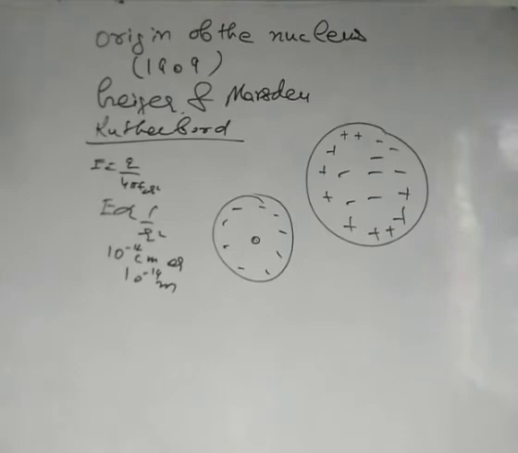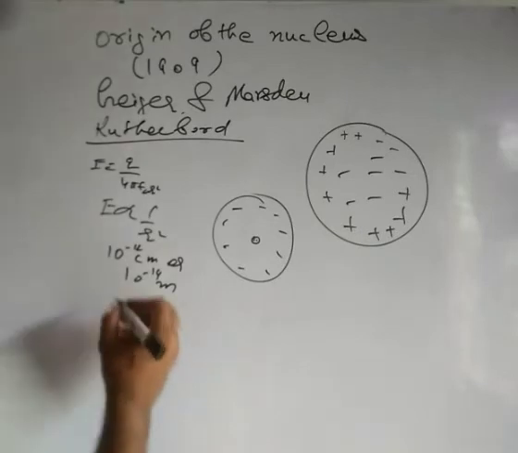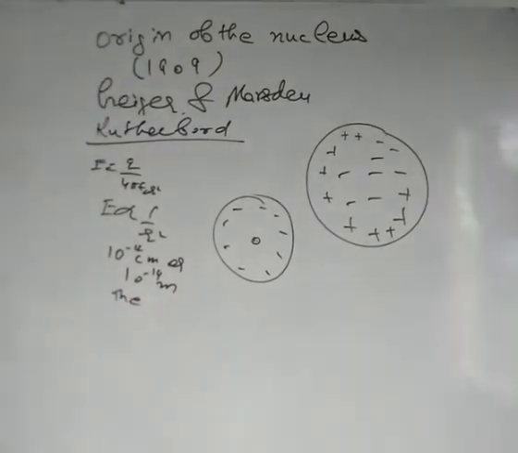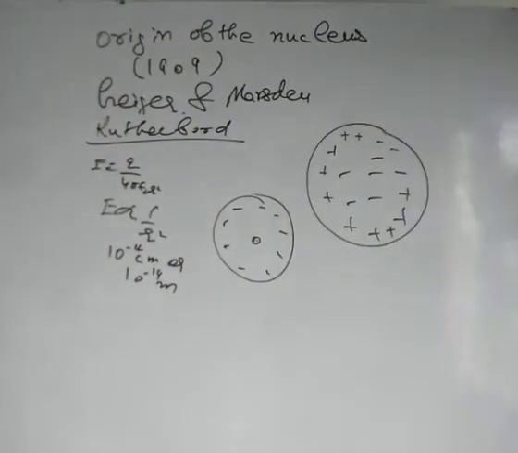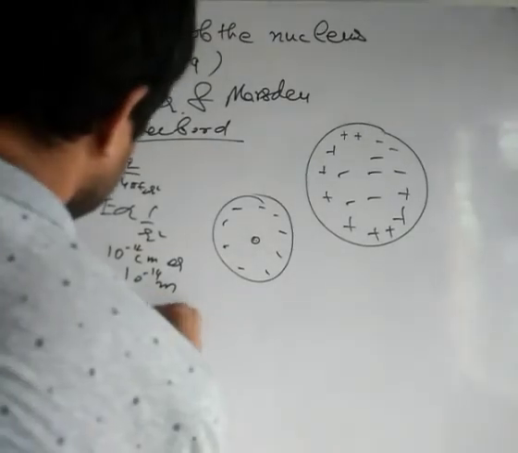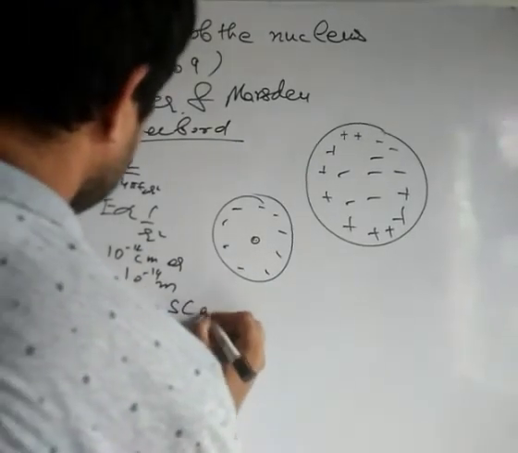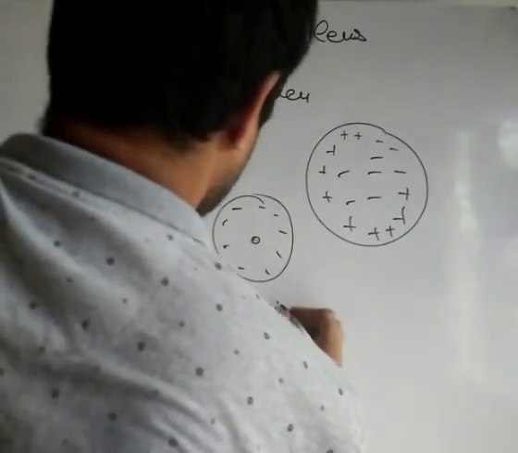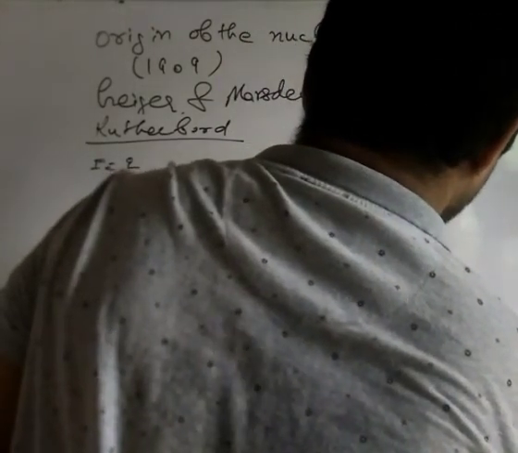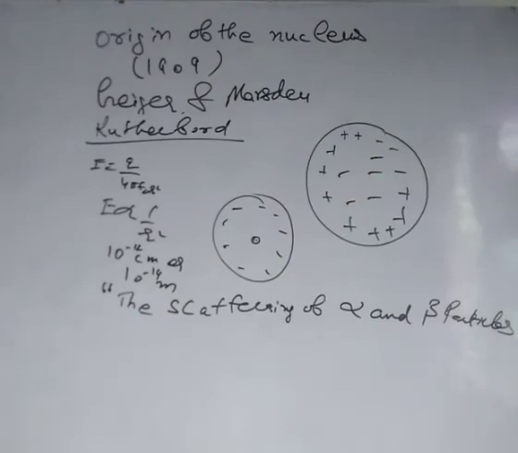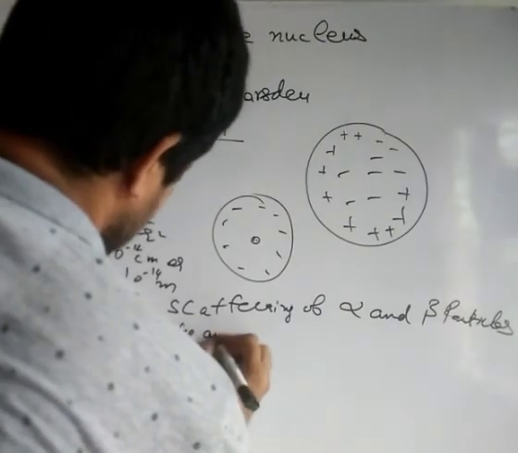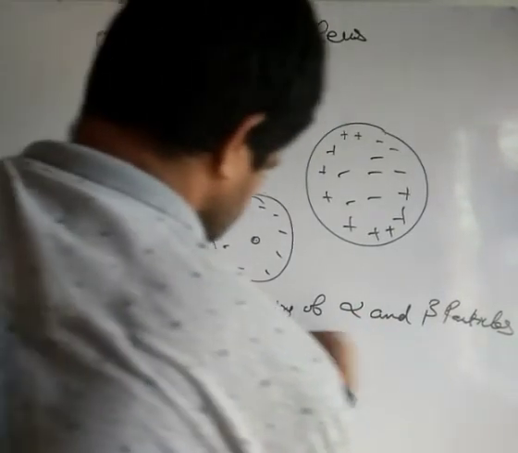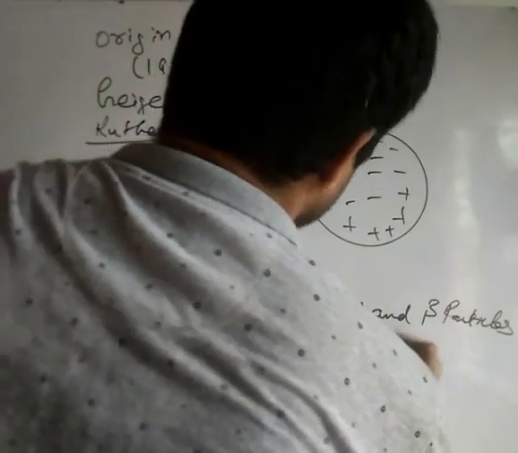Rutherford presented his research in his paper entitled The Scattering of Alpha and Beta Particles by Matter and the Structure of Atom.